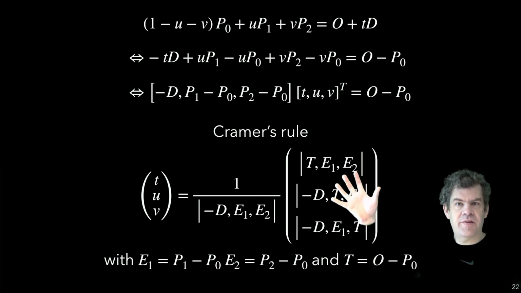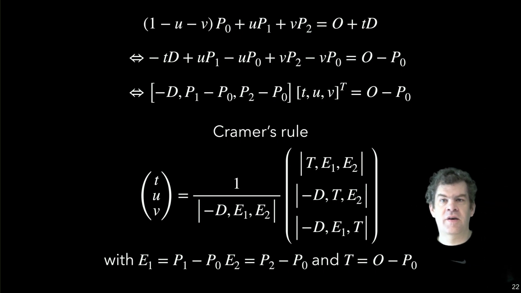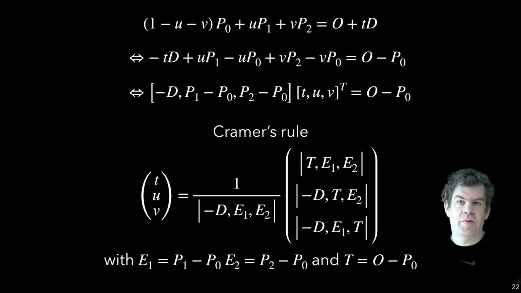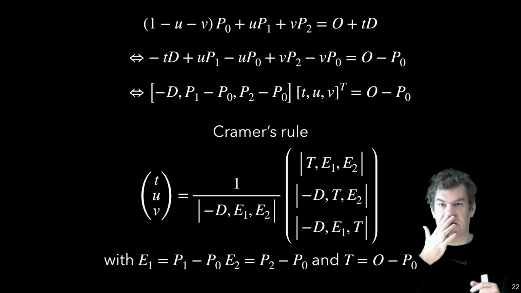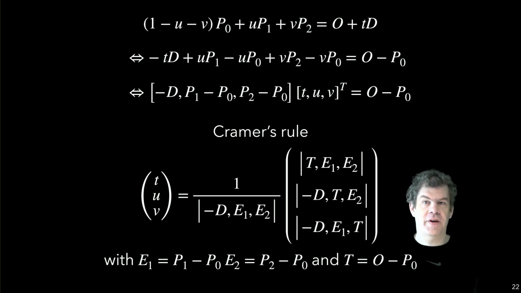And this works, but it has a lot of disadvantages. So one is it takes relatively long, it takes a lot of computations to compute these determinants, in particular for bigger matrices, right? If you don't have just a 3 by 3 matrix, but bigger ones, computing the determinant is very inefficient.